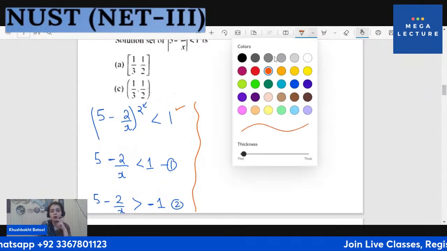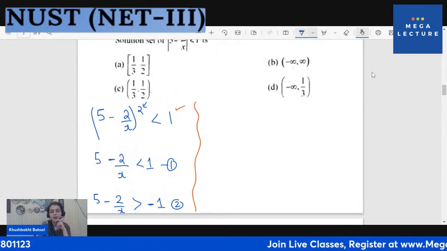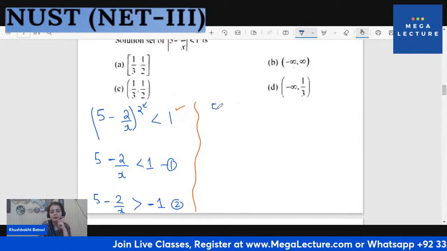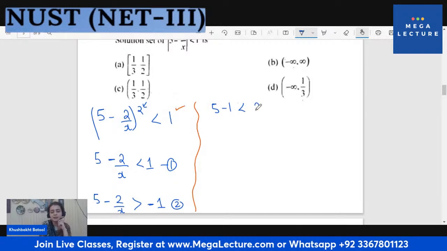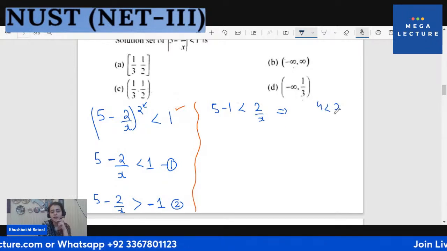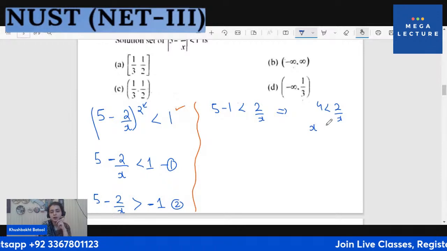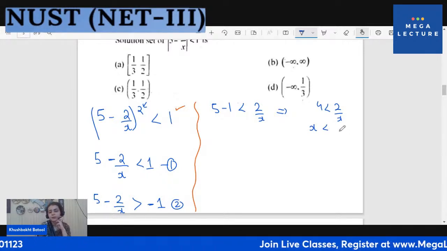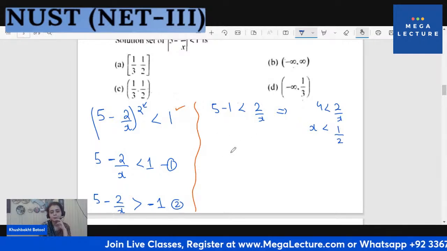Okay, then how do we simplify this? Now, I can think about the first one as 5 minus 1 less than 2 by x. So this would give me 4 less than 2 by x. So x would be less than 1 by 2.